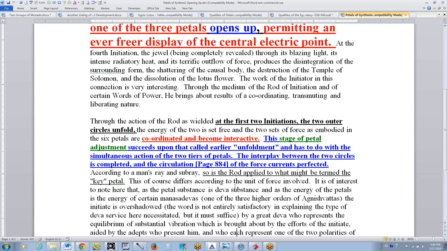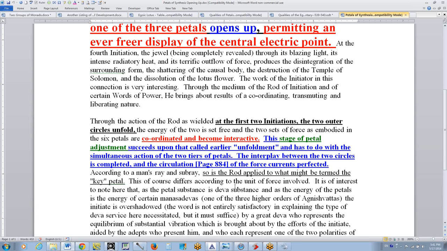We know at the second initiation there seems to be an unfoldment of the second circle, but it has to be examined carefully whether there is an unfoldment of the first circle only at the first initiation. Elsewhere it seemed to say that as the first circle completely unfolds, a type of earlier, lesser initiation can be undergone, not directly related to the first initiation. But anyway, this is what it seems to say here.